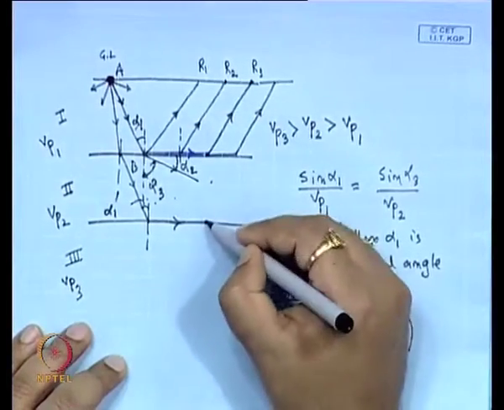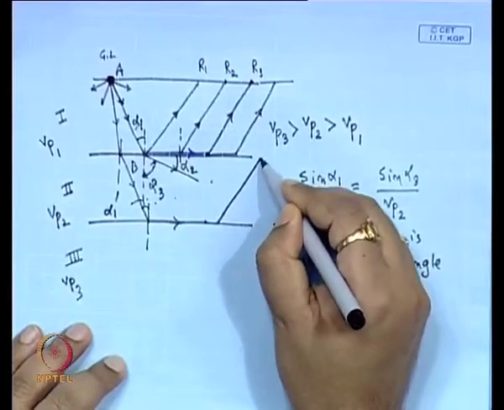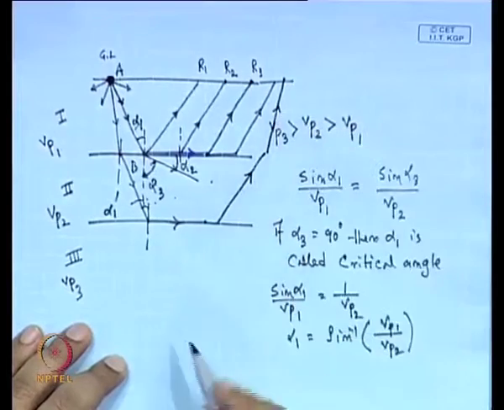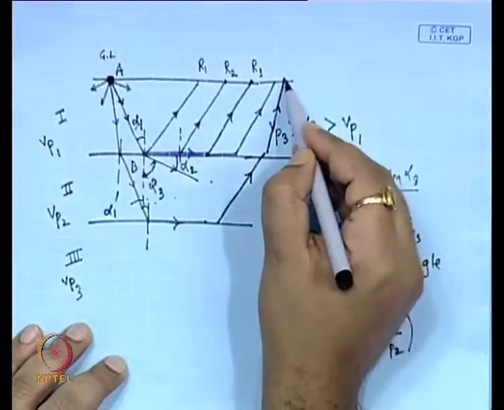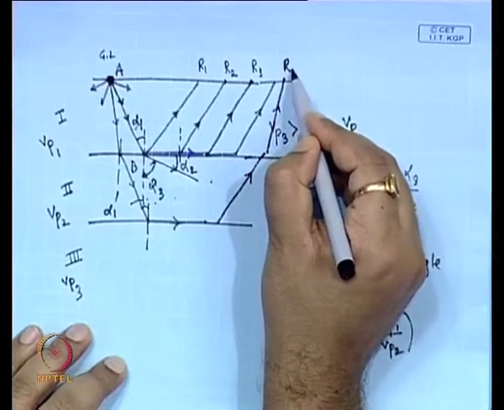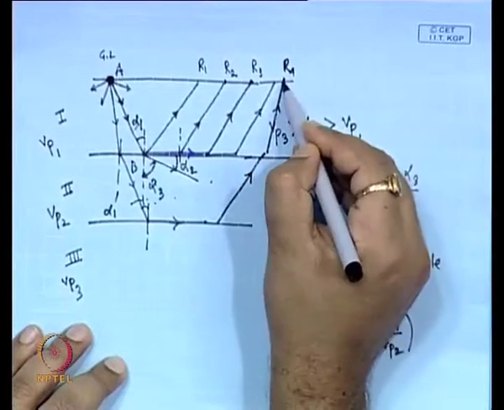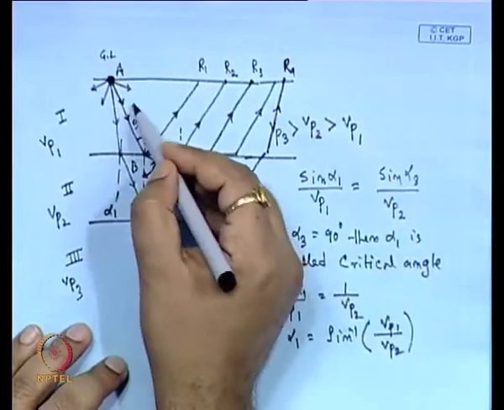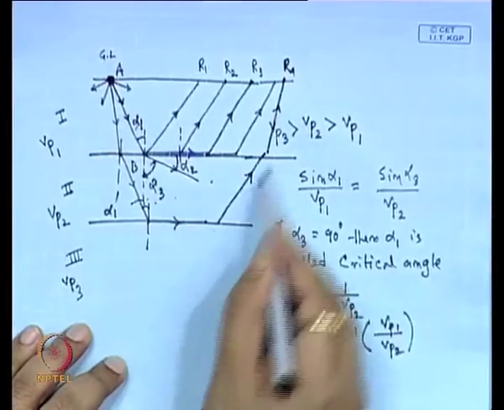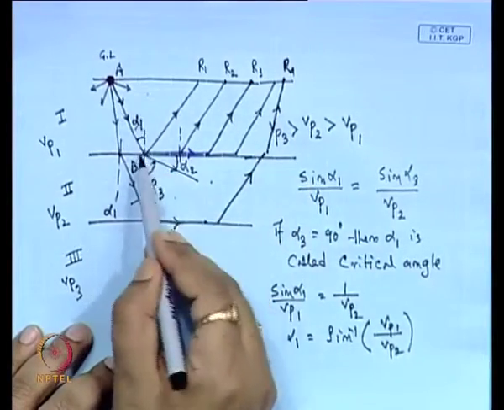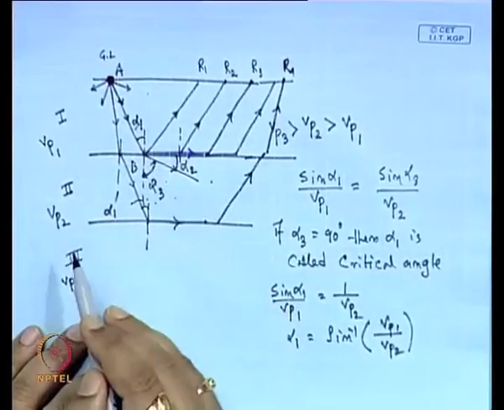So, it will follow this path, then again in this fashion. We can also receive, if we put another geophone, say R 4, we will receive this ray also. So, this is passing through the first, second and the interface of the third layer, and these rays are passing through the first and the interface of the first and second layers.